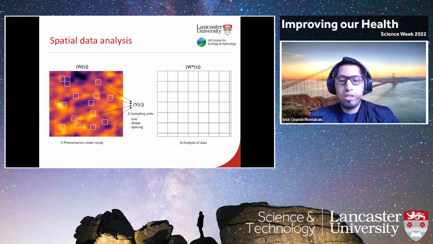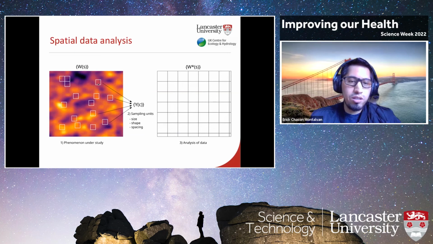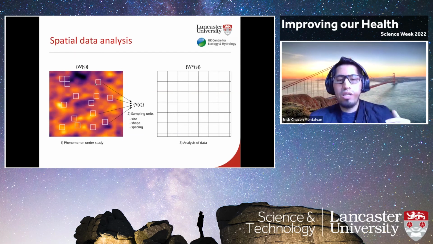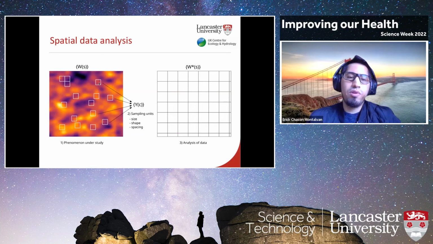And then the second concept is the sample units. And these sample units are represented by these white squares. The sample units are units we use to obtain some information about the continuous process. Take into consideration that when we obtain information inside these units, we usually don't have detailed information inside each square, but what we obtain is just a summary of information about the phenomenon inside each square.